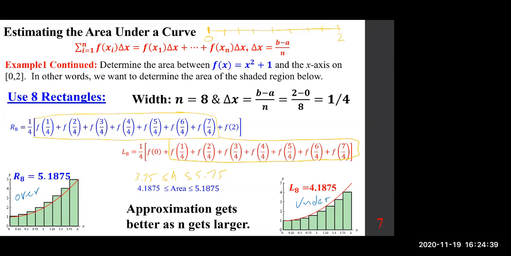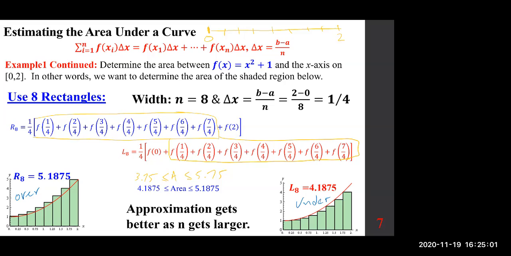For example, because this is increasing, the right endpoints the way it has it, and it's concave up, increasing and concave up, will overestimate with the right endpoints, underestimate with left endpoints. Again, concavity, increasing, decreasing.